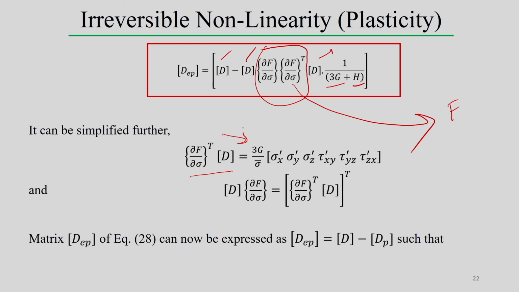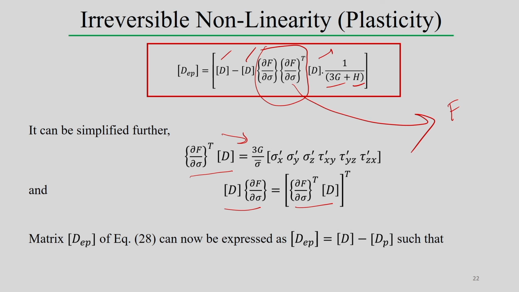It is associated with 3G by sigma bar, where sigma bar is the yield point value, and it is associated with all the deviatoric stress components. So, therefore, D del F by del sigma equals del F by del sigma transpose D, the transpose of all this value.